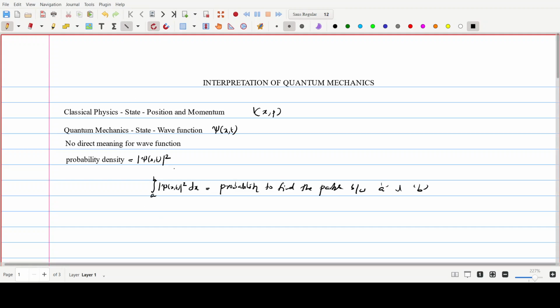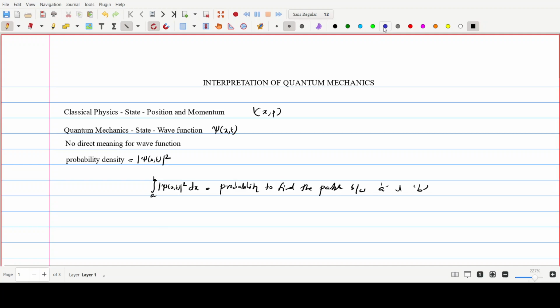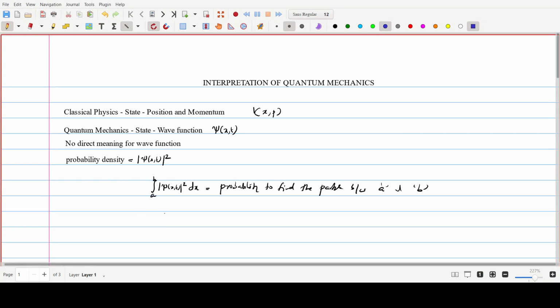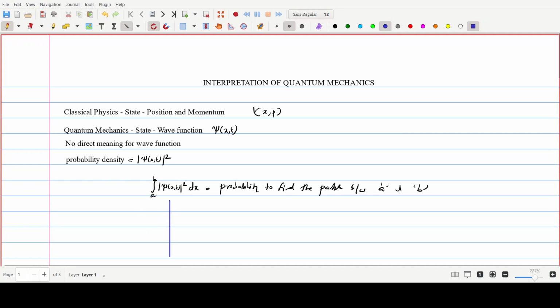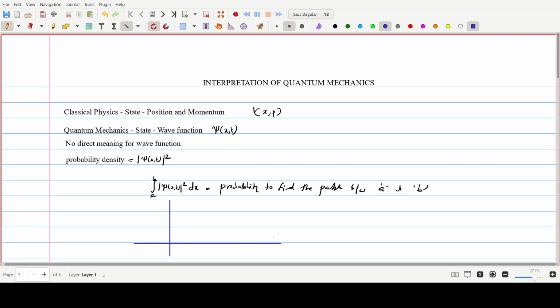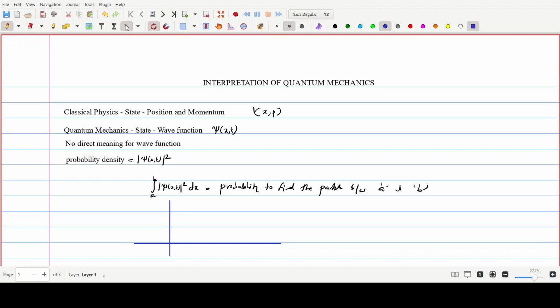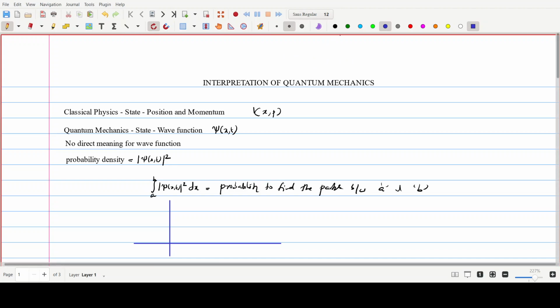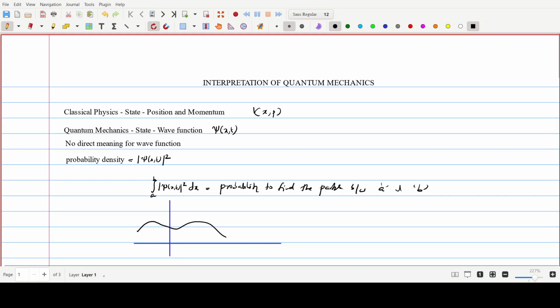Okay, so let us plot some wave function. This is the vertical axis, this is the horizontal axis, and we have a wave function of the form like this.